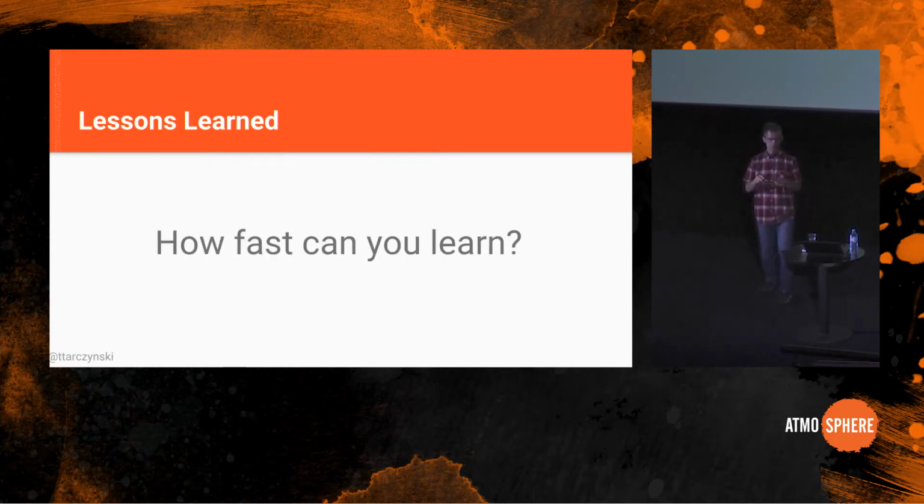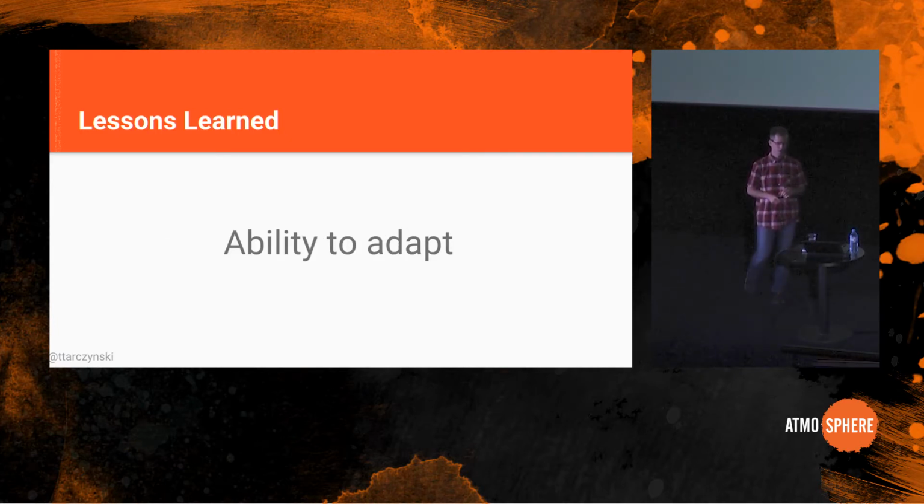One limiting factor that we found was actually our ability to learn fast. Because of those small pieces moving and evolving very fast, we need to invest a lot of time in learning how those things work. And our ability to adapt is very important.